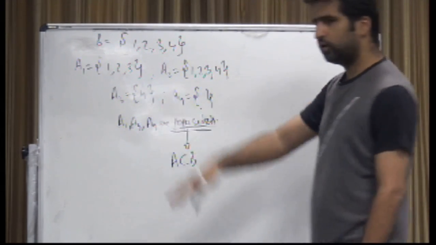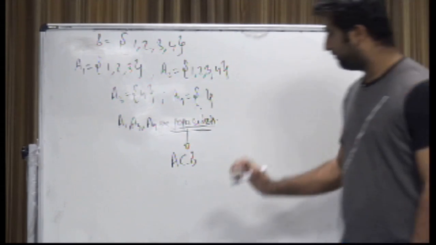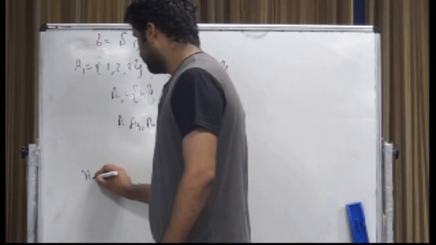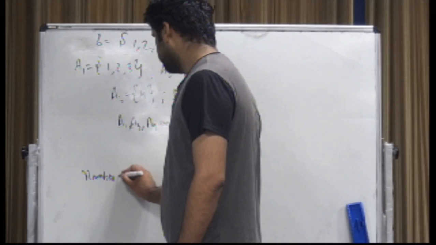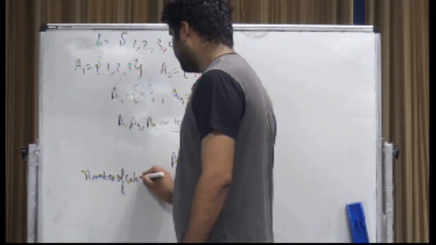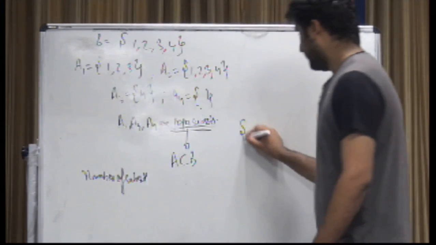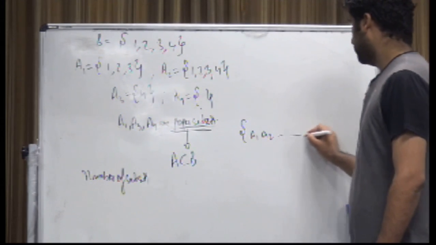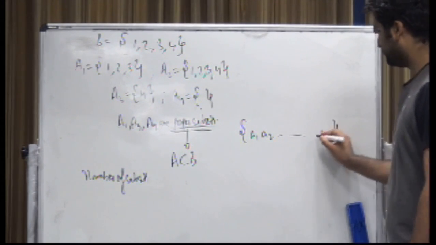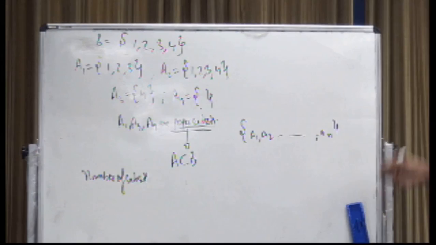Okay, it can go up to 0. Now while counting the number of subsets, the strategy we use is, let's suppose we have n elements, A1, A2 up to An, in a given set.